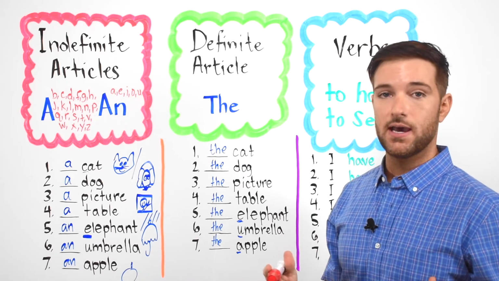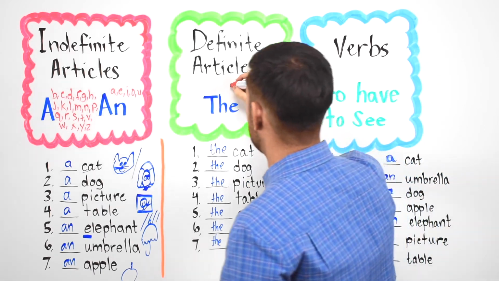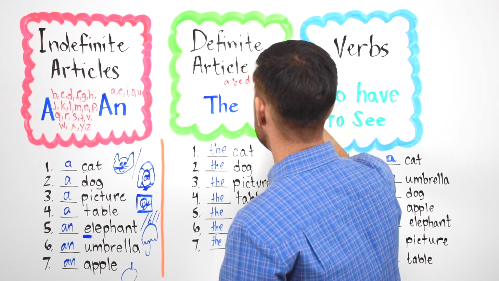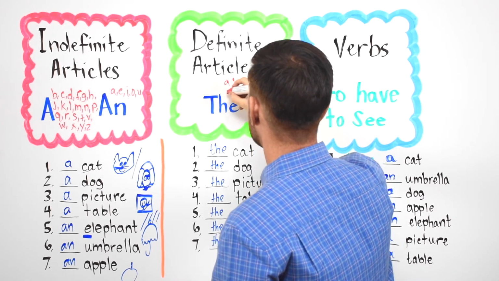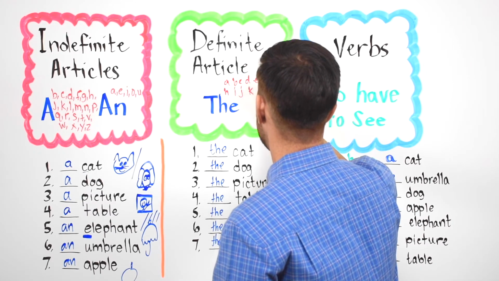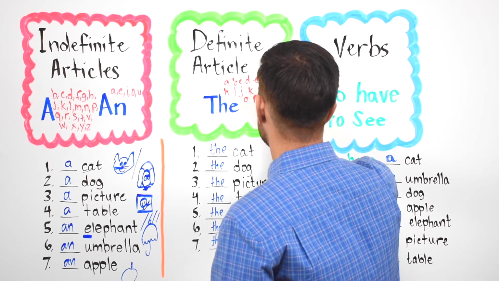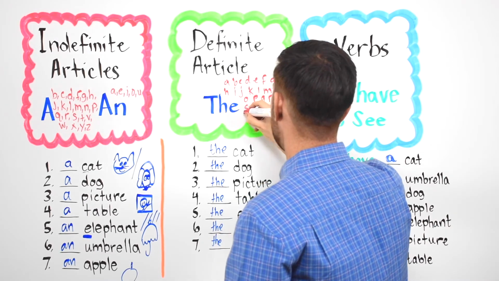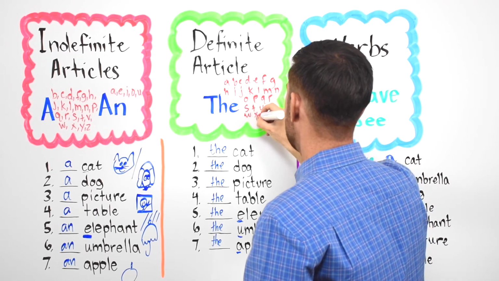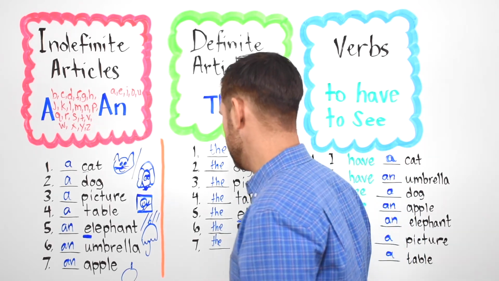It doesn't matter. The can also be used with every letter of the alphabet, that being A, B, C, D, E, F, G, H, I, J, K, L, M, N, O, P, Q, R, S, T, U, V, W, X, Y, and Z.